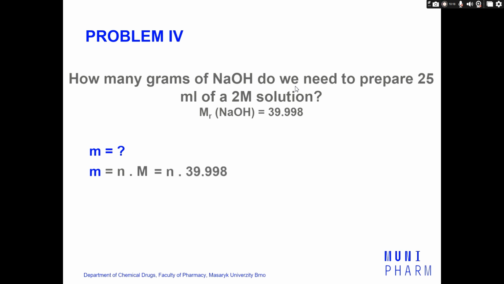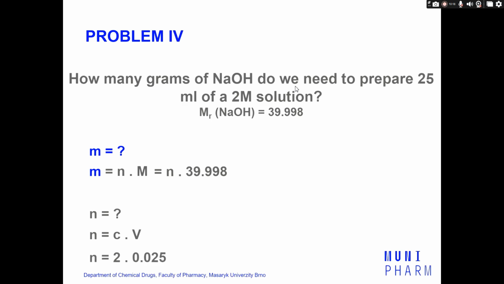We know that the molar mass is numerically equal to the molecular relative mass that is given in the task. But we don't know the amount of the substance. As we look at the task, we see there other variables, the molar concentration and volume. And we know that we can use them both to calculate the amount of the substance in a different way.